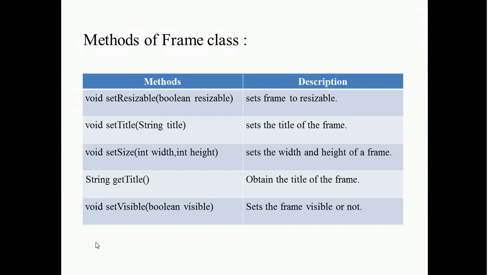So the setVisible method simply sets the frame visible or not. These 5 are the methods of the frame class: setResizable, setTitle, setSize, getTitle, and setVisible.